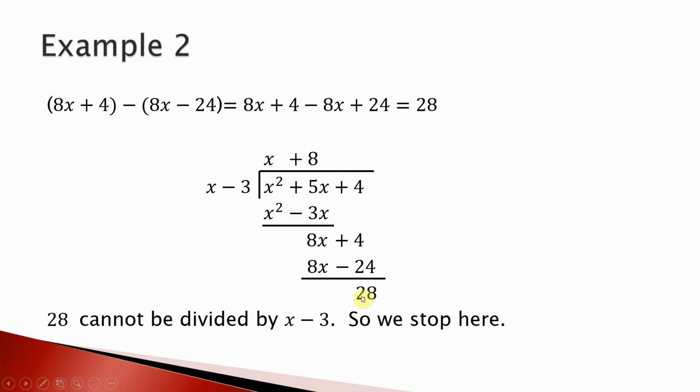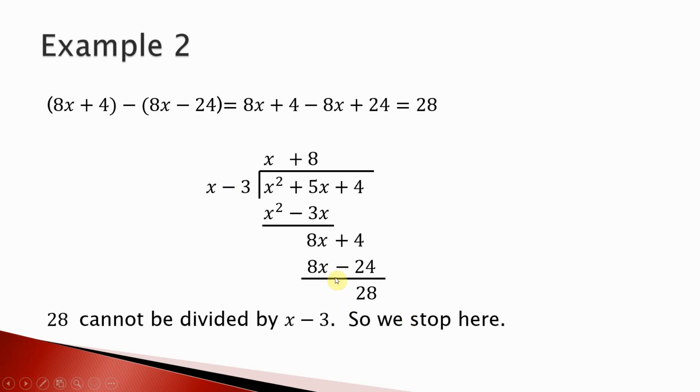This is a constant, so if you consider this as a polynomial, the degree is 0. Here you have degree 1, so you cannot divide. That's why the degree of the remainder is always less than the degree of the divisor, because if not, we can continue the process.